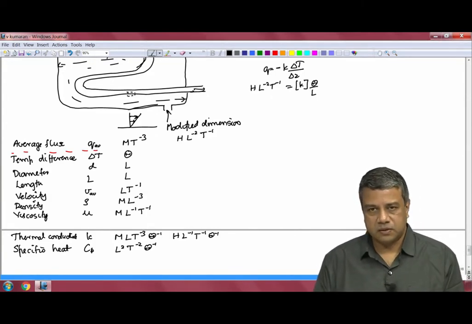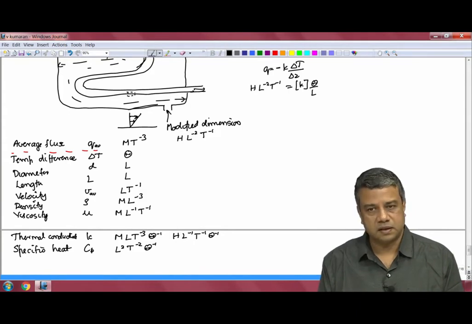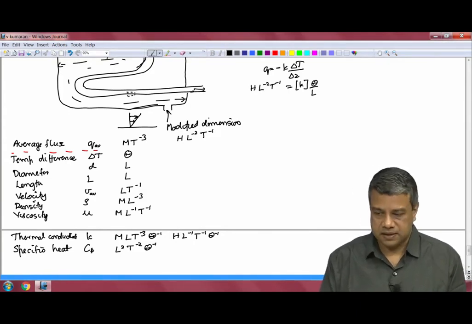You multiply throughout by L, divide throughout by theta, and you get the dimension of the thermal energy.